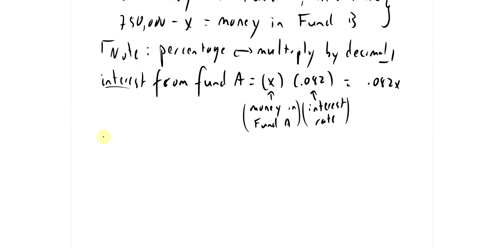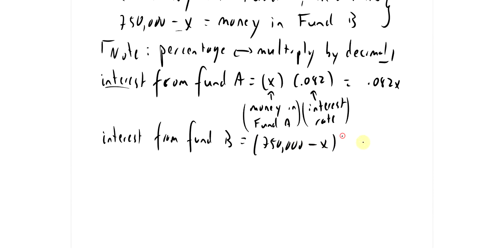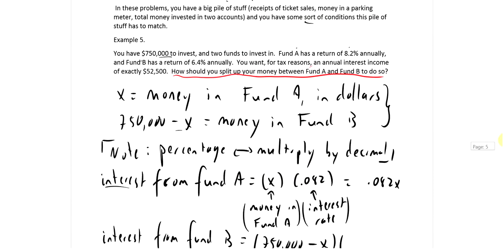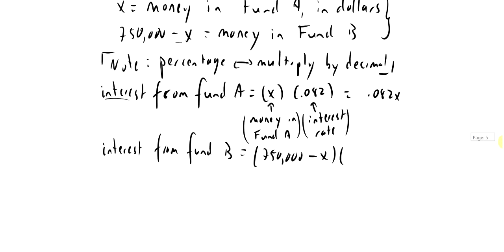What's the interest that I get from Fund B? It's the same thing. The money in Fund B, that's this, 750,000 minus X, times the interest rate from Fund B, which is 6.4% annually, so 0.064.